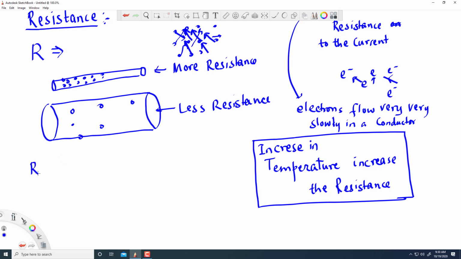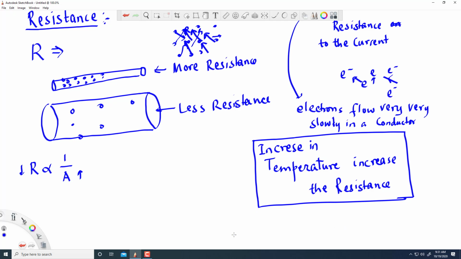So resistance depends on 1 over area. Bigger the area, less is the resistance. So they have an opposite relationship. Smaller the cross section area, more is the resistance. Inverse relationship. Second one is the length.